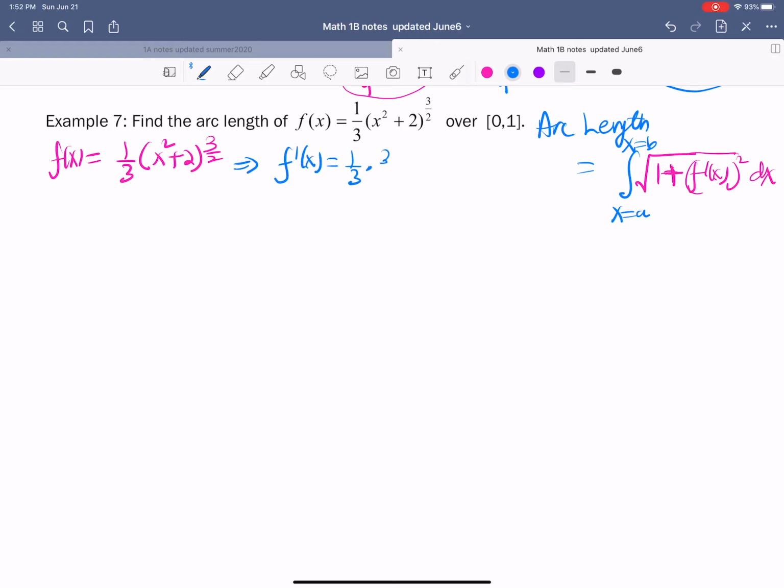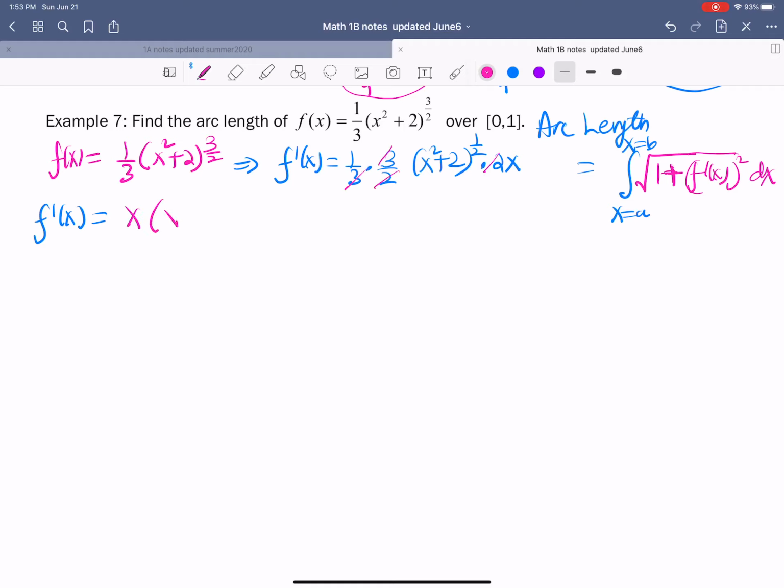It's 1/3 times 3 halves times (x squared plus 2) to the power 3 halves minus 1. 3 halves minus 1 is 1/2, but I must multiply with the 2x because of the chain rule. So f prime of x, in a little cleaned up form: 3 and 3 can cancel, 2 and 2 can cancel.